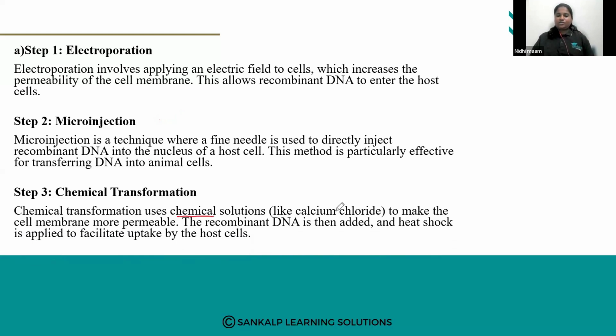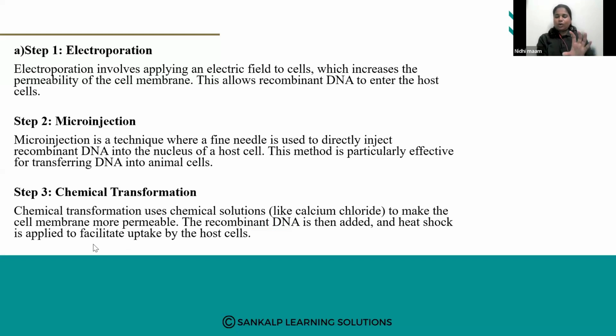It uses chemical solutions like calcium chloride to make the cell membrane more permeable. When the cell membrane becomes more permeable, the recombinant DNA is then added and heat shock is applied to facilitate uptake by the host cells, what we call. So these are the vector free methods which we use in genetic engineering.